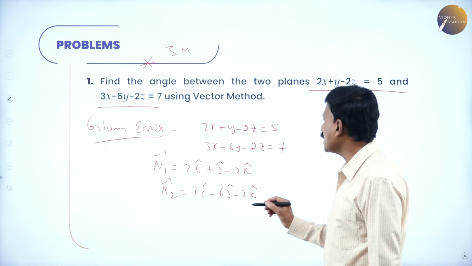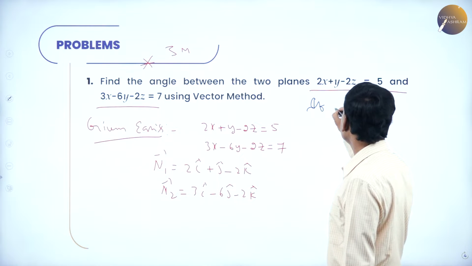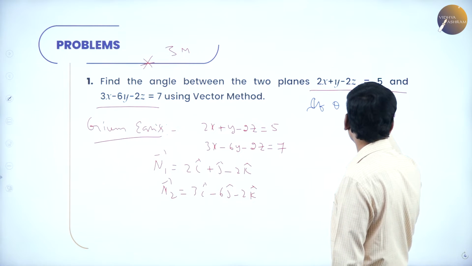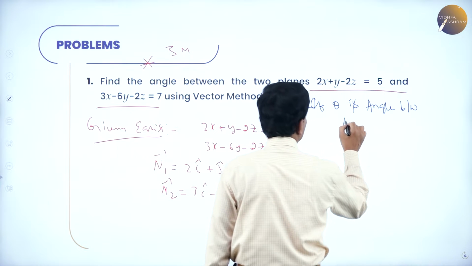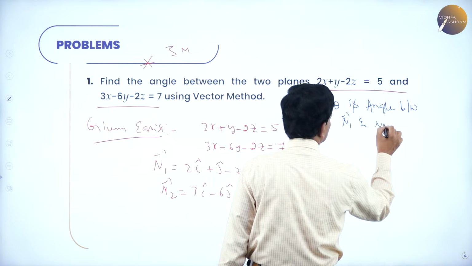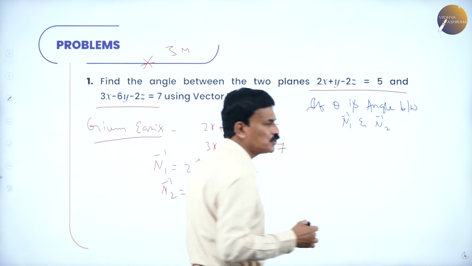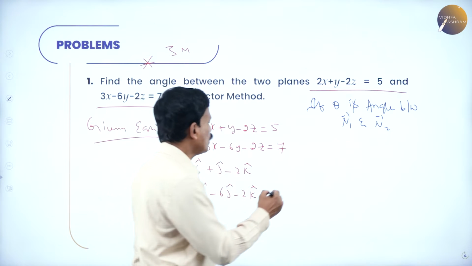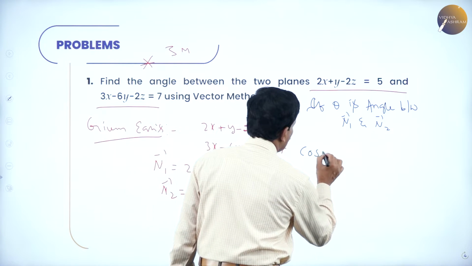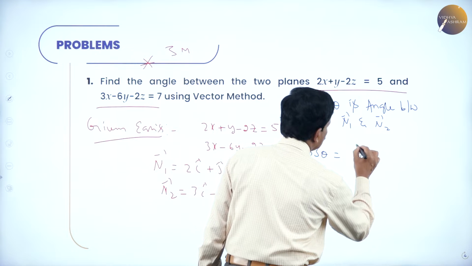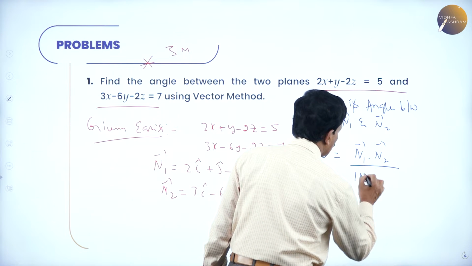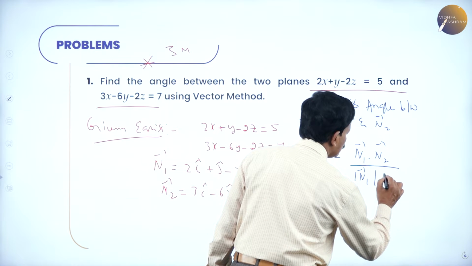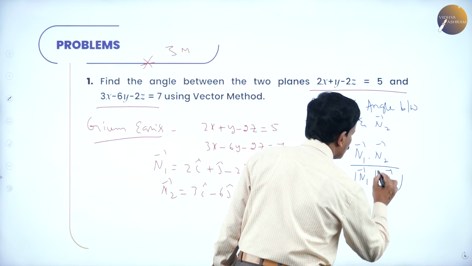Now, if theta is the angle between the two planes with normals n1 and n2, we have cos theta equal to the modulus of n1 dot n2 divided by the length of vector n1 into the length of vector n2.